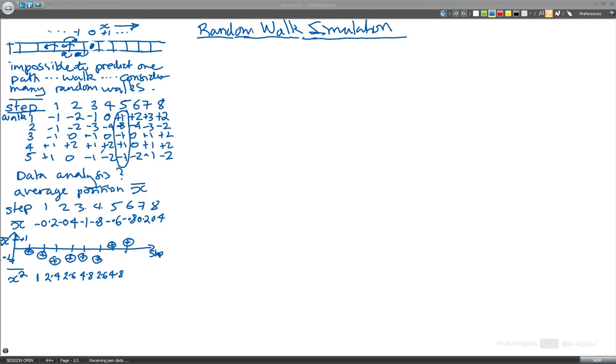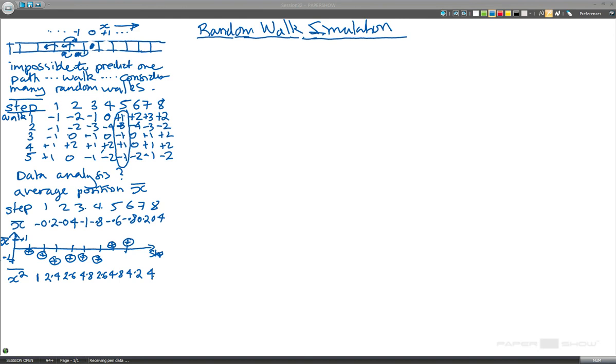For step 7, we have 9 plus 9 plus 1 plus 1 plus 1, so that's 21. So that gives us an average of 4.2. And for the last step, they're all plus or minus 2, so they're all going to give us 4 when we square them, so that gives us an average of 4.